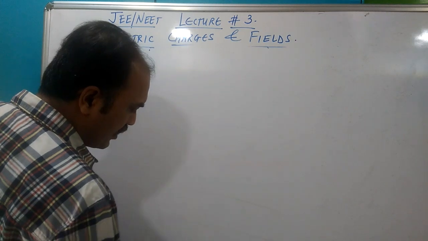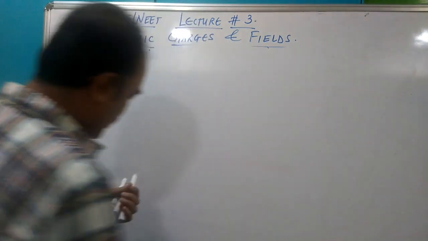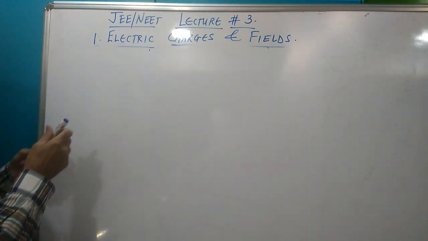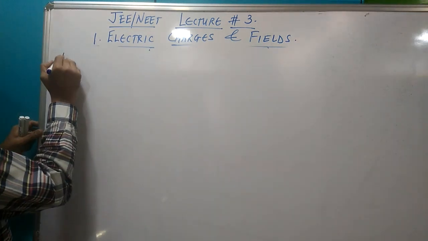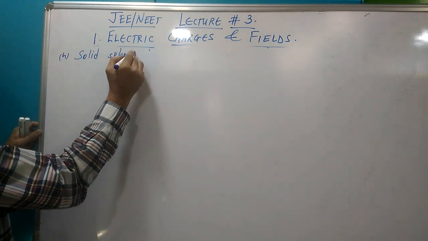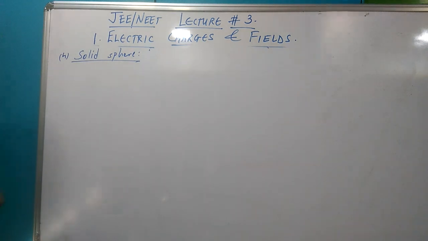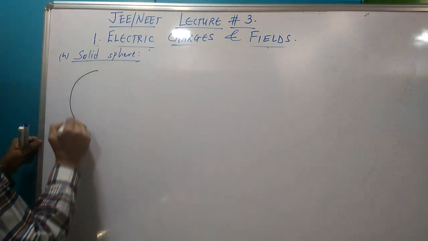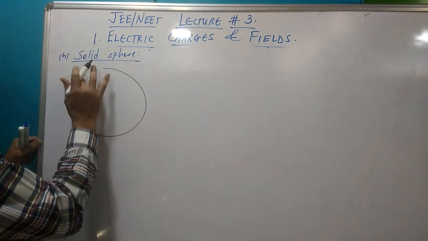A solid sphere has charge packed in its entire volume, and as a result it has got volume charge density. This is a solid sphere.